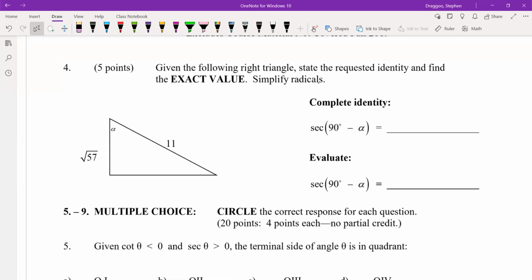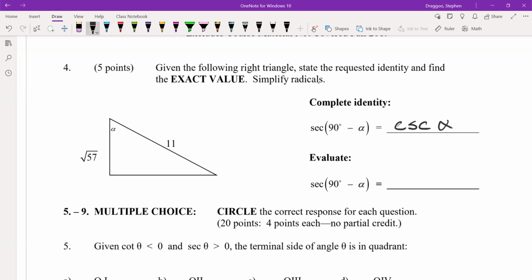Here's a triangle. Given this right triangle here, find the exact value of the following identity. So step one, complete the identity secant of 90 degrees minus alpha. Well, that's cosecant of alpha.